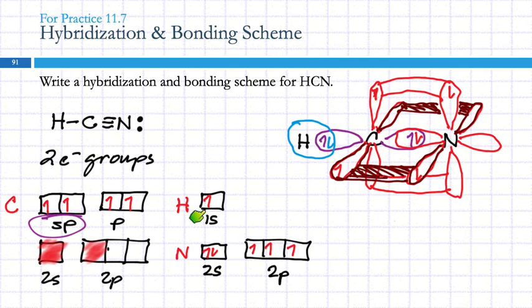We will look at the unhybridized orbital diagrams for any other atoms, and then we're going to look at how these are going to overlap. Well, the sp is going to overlap with an s here, and the other one is going to come down here. Maybe I can show that.